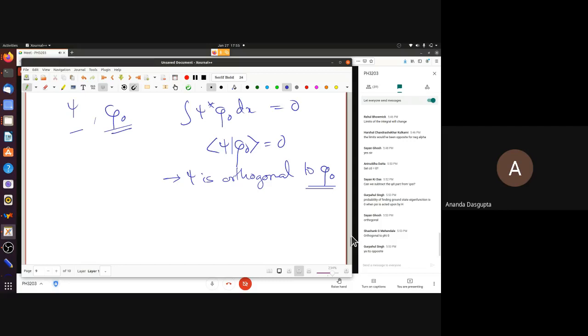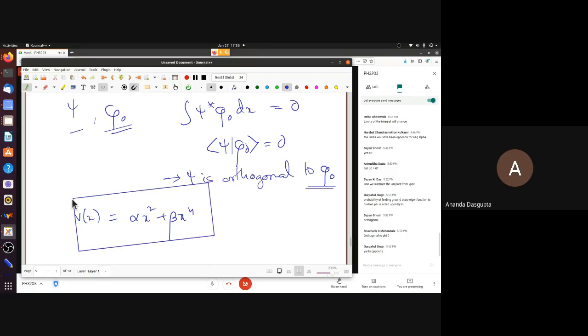However, there are situations like, say, if your potential is alpha x square plus beta x to the 4. A quartic potential which you don't know the exact solution to. So you don't even know the ground state wave function. But I'm claiming that you can ensure that the wave function is orthogonal to the ground state even if you don't know the ground state wave function here. Can anybody tell me how?